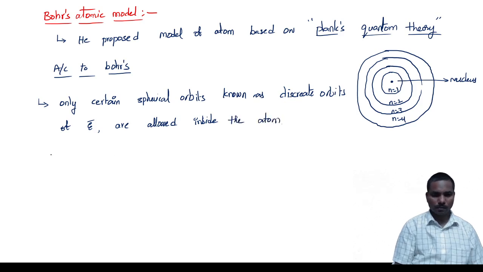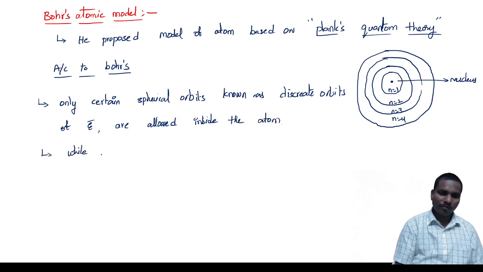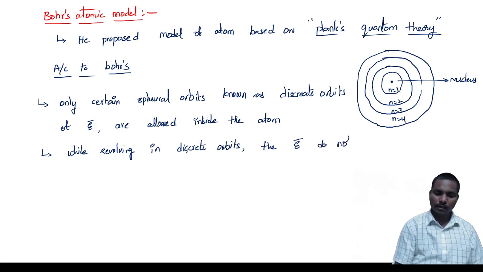Okay, and the second point: while revolving in discrete orbits, the electrons do not radiate energy.